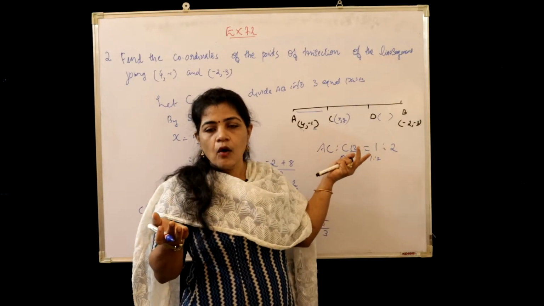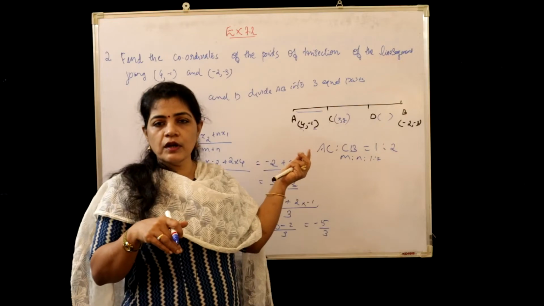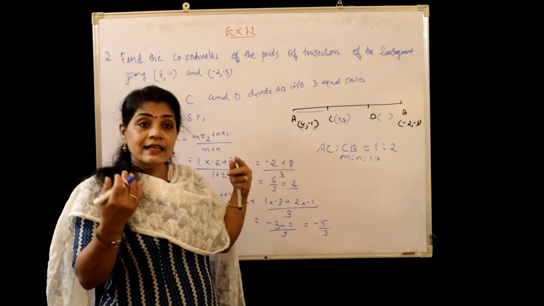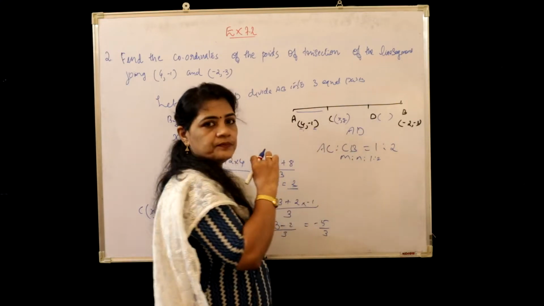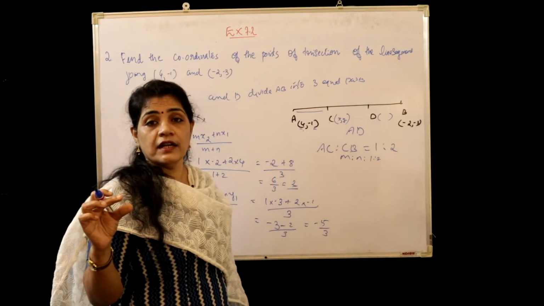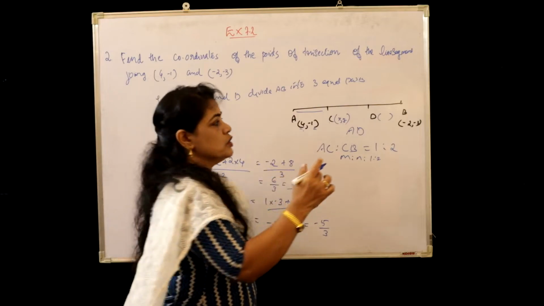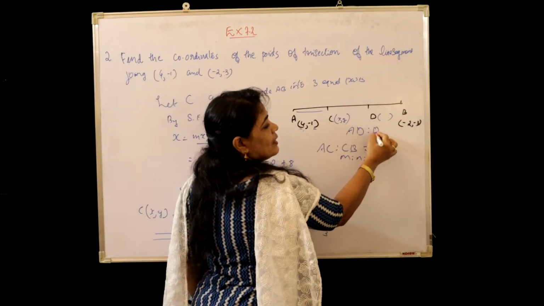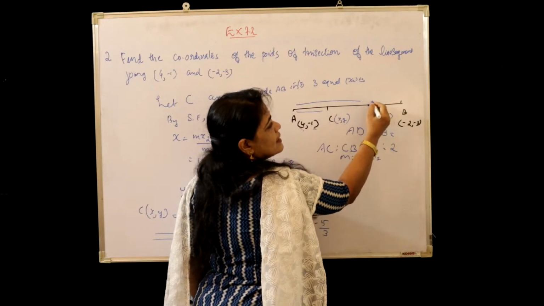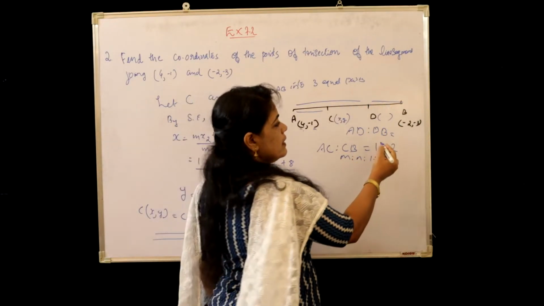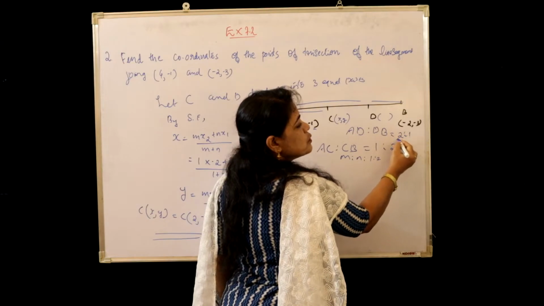Is that idea clear? Or if you want to get the coordinates of D by the section formula, because of this point D, AB gets divided in the ratio AD is to DB, the two parts, AD and DB, in the ratio 2 is to 1.